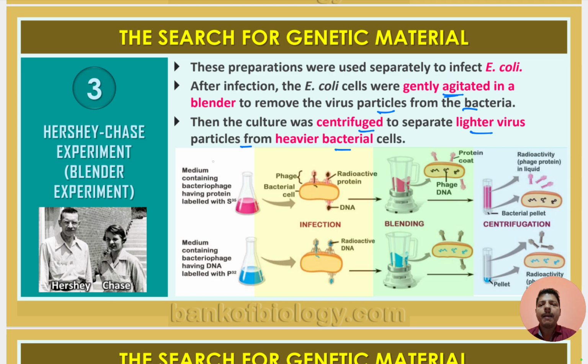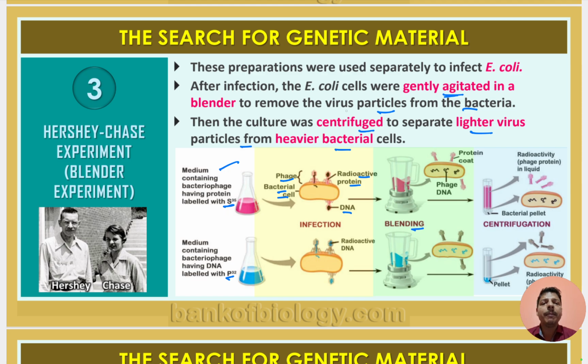As you can see, the medium containing bacteriophage protein is labeled S35, and the medium containing bacteriophage DNA is labeled P32. Then these infect the E. coli bacteria. Then blending occurs.